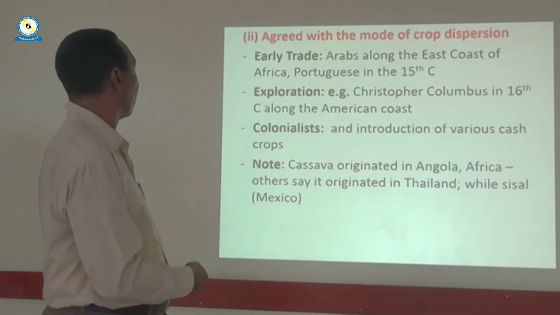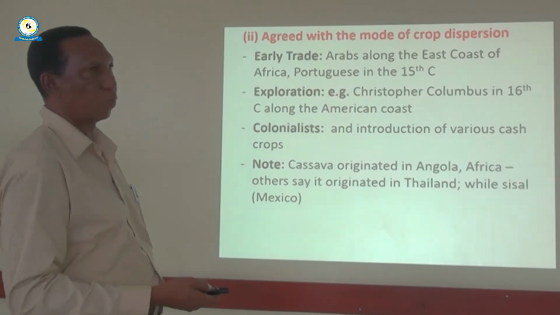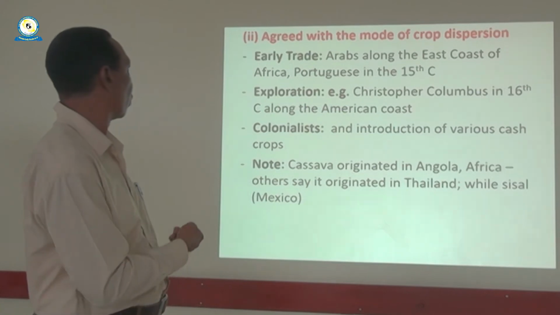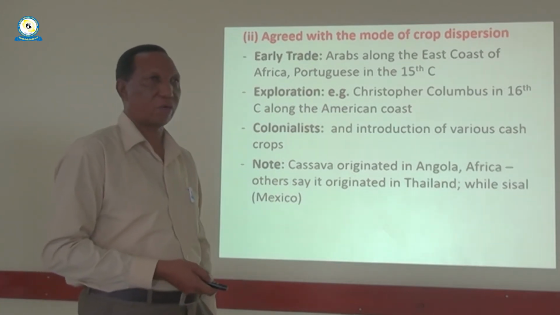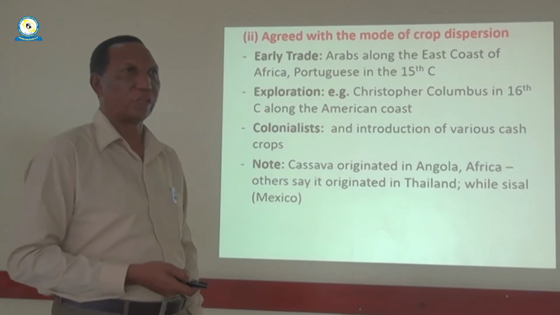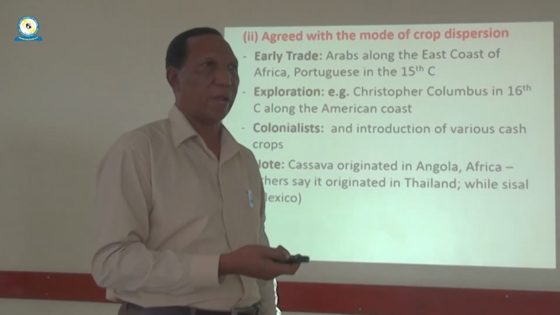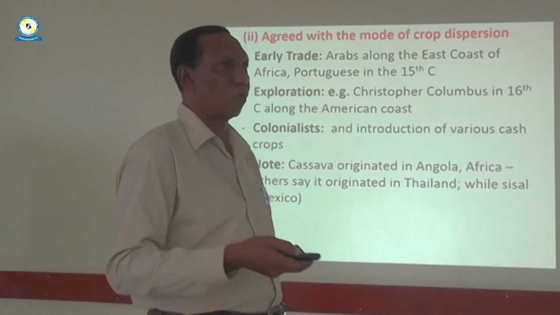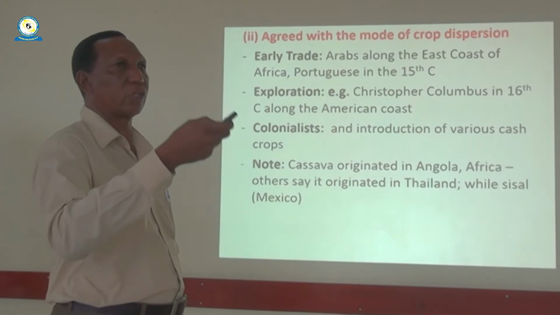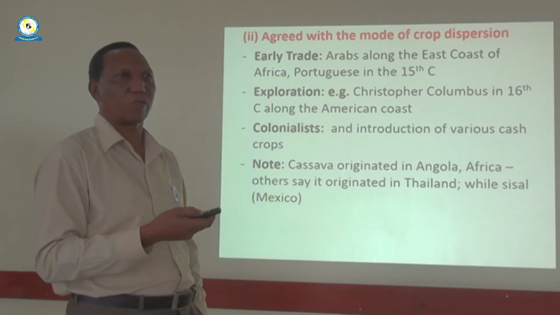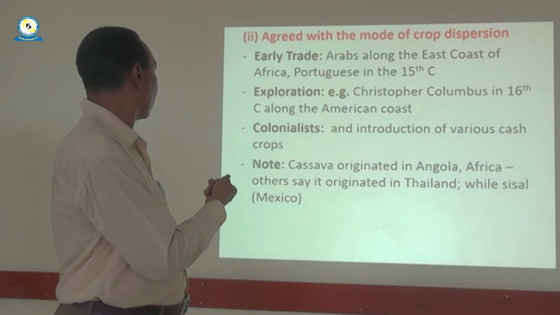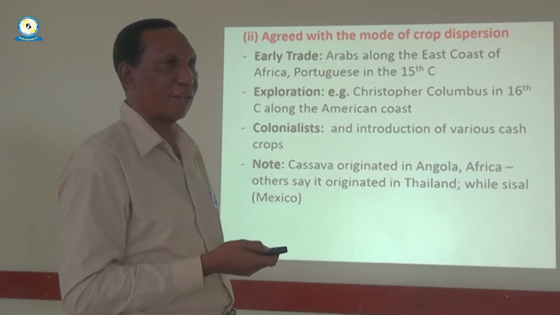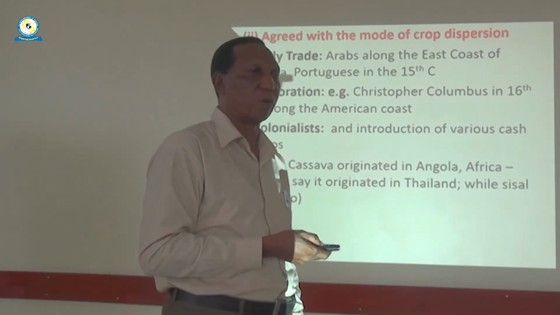He agreed that the mode of crop dispersion would be one of the following, all of them. Trade: we have Arabs on the East African coast, and the Portuguese, who came in with some plants. Exploration: we have Christopher Columbus and others, who brought to Europe, for example, some plants which were found in America. Colonialists: they were keen because they were interested in commercial crops.